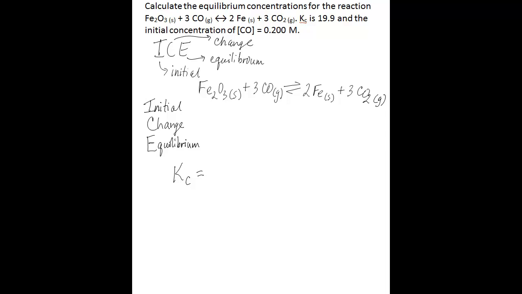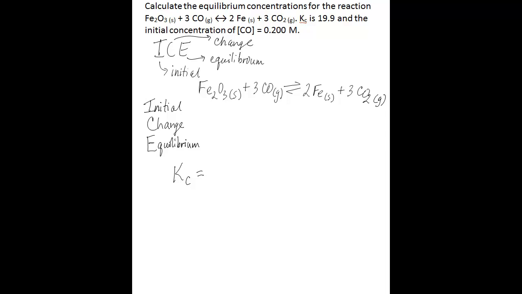So if you'll notice for your products, you have iron as a solid and carbon dioxide as a gas. So remember that when we're writing equilibrium equations, we're going to include certain things and omit certain things. So one component that's omitted is a pure solid. So iron is a pure solid as a product.